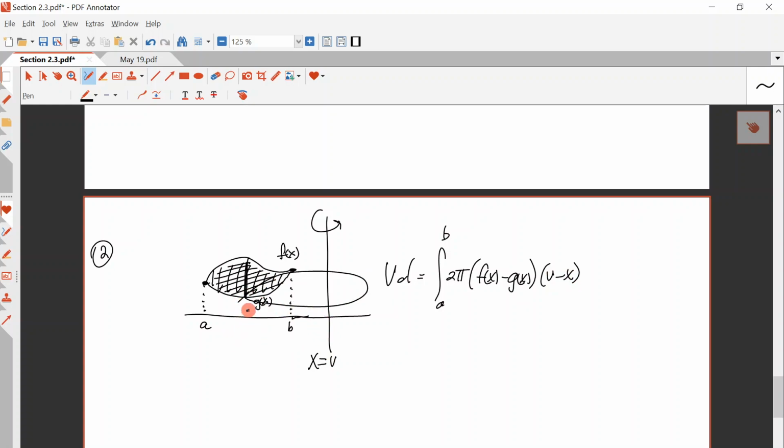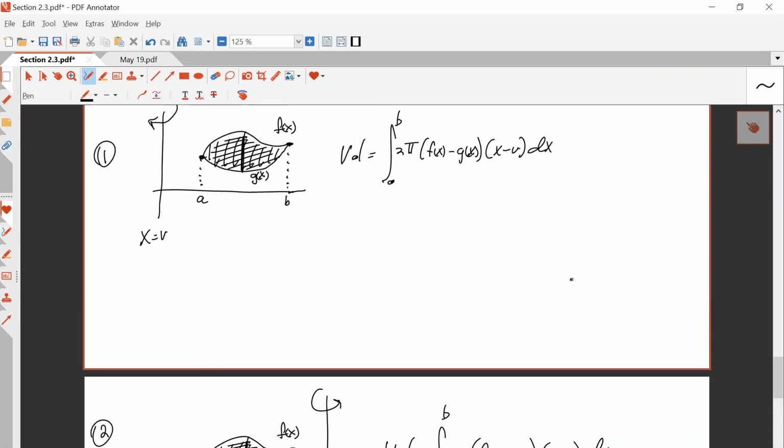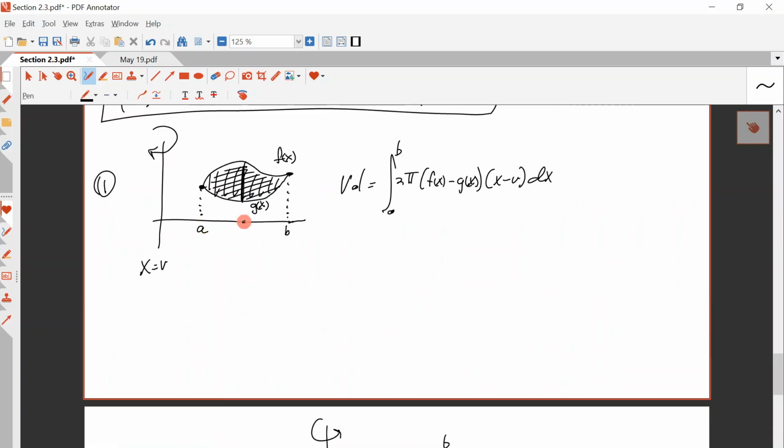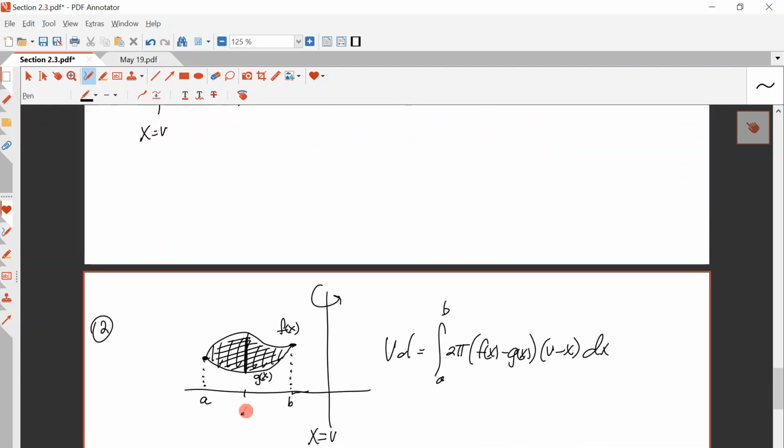So v minus x rather than x minus v. And that's the only difference there. So that's the height of the shell right there, and that's the radius of the shell, both as positive numbers, right? Because v is bigger than x in this case, you have to do v minus x to get a positive number. Because x is bigger than v in the other case, you have to do x minus v. No big mystery there.